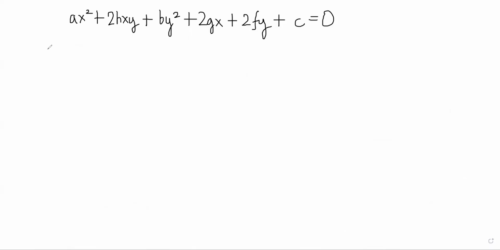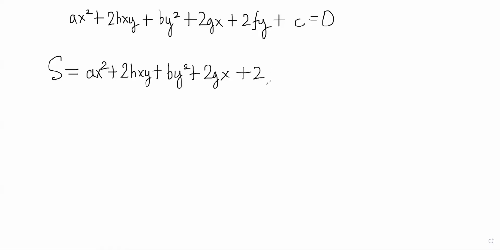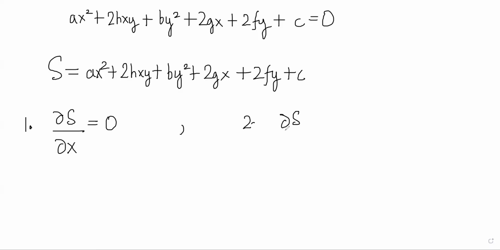So the way to find the center is, if you call this expression S, then what you need to do is take the partial derivative of S with respect to x and write this equation. And write a second equation, partial derivative of S with respect to y equals 0.